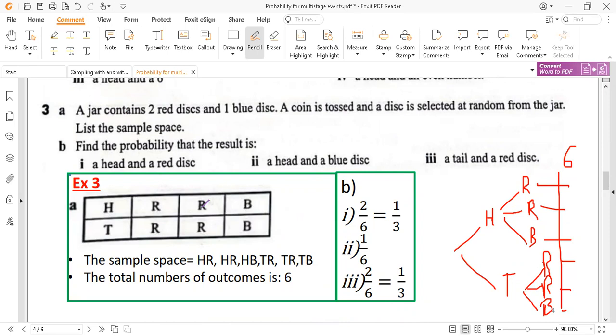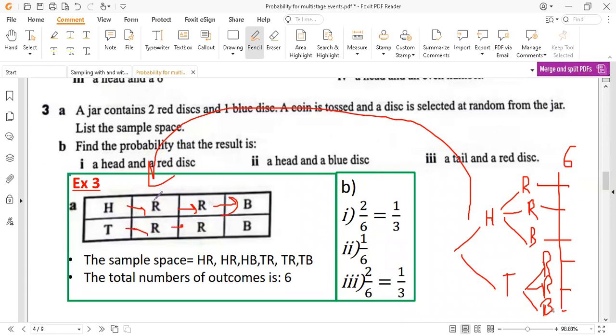Instead of using the tree diagram, we can use a table. The table could be organized in this way: head or tail, and for head we could obtain red or blue, and for the tail, the same.